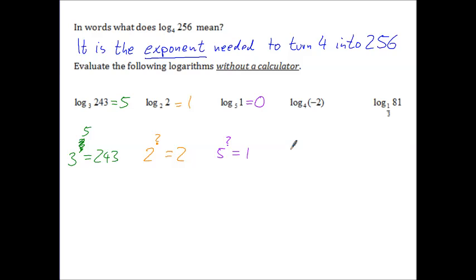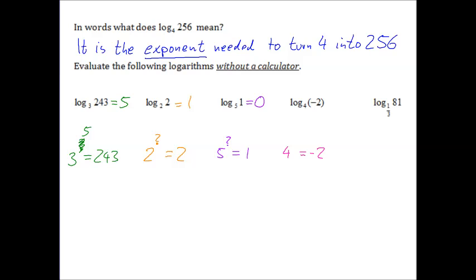What exponent will turn 4 into -2? Now that one we need to think about for a minute, right? What number can we use as an exponent to turn any number into a negative number? Remember, even if we're using a negative exponent, all that really does is it takes our base and flips it into the denominator, but the result still stays positive.